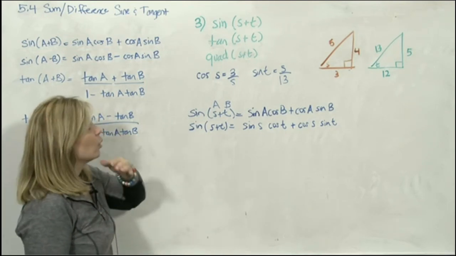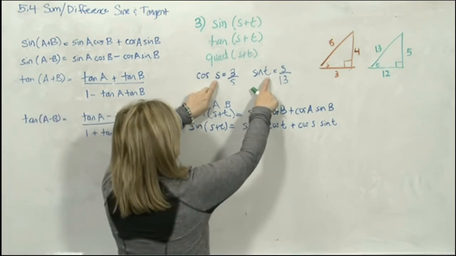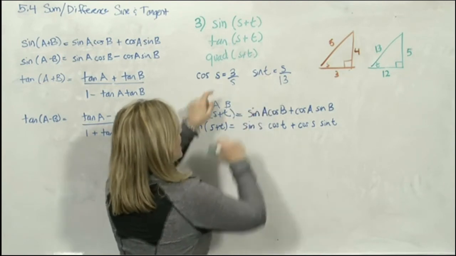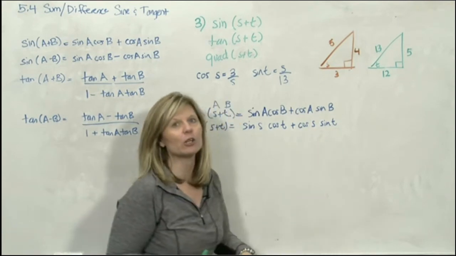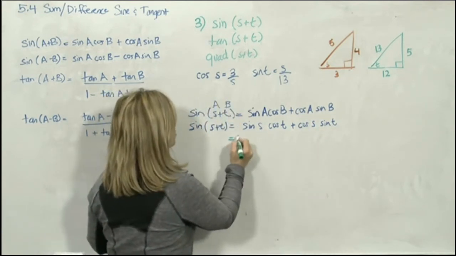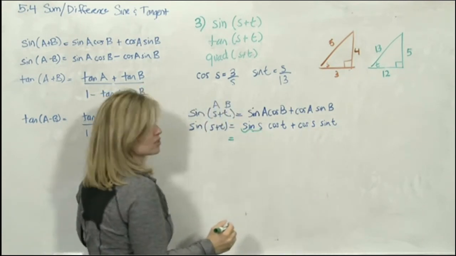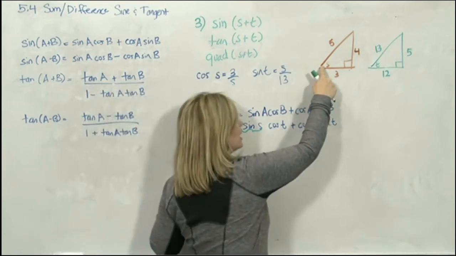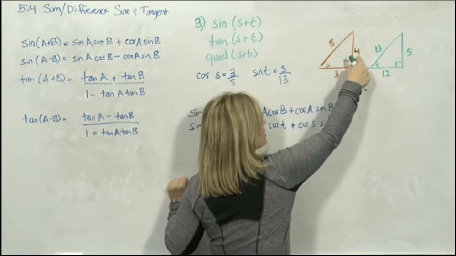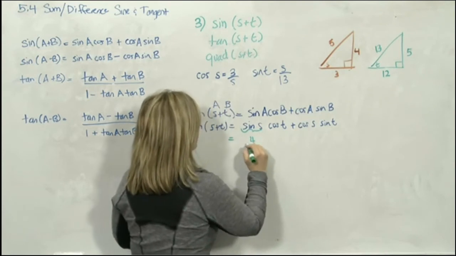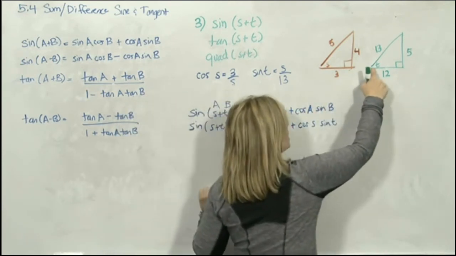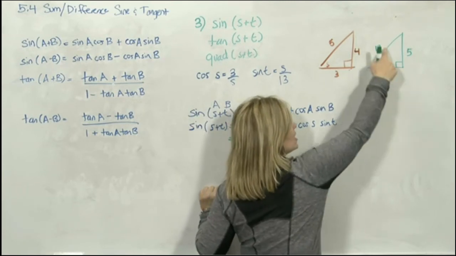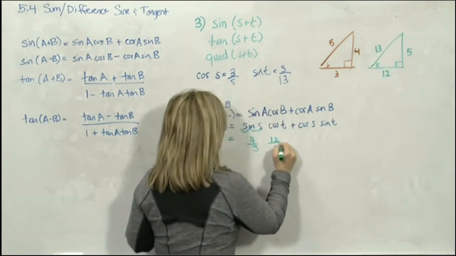Now, guys, without even knowing the angle measurements, I still don't know how big angle S and angle T is. That's okay. I can look up these values. I can substitute now because, look, I could look up the sine of S because I'll go to angle S and sine is opposite over hypotenuse. I get 4/5. I can look up cosine T. Go to angle T. Cosine is adjacent over hypotenuse, 12 over 13.